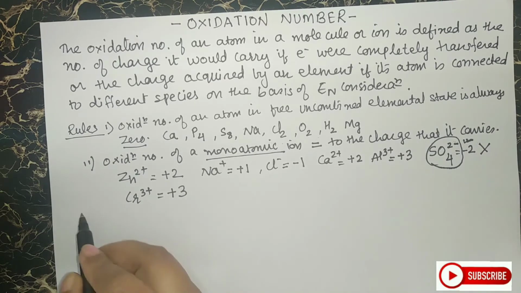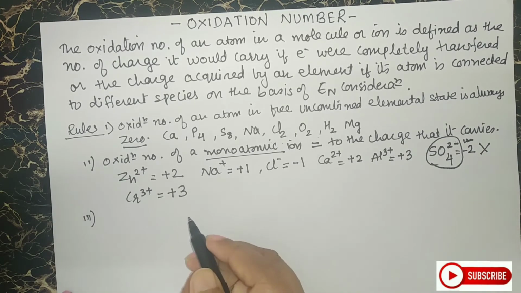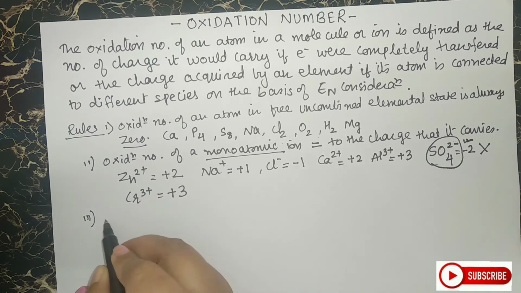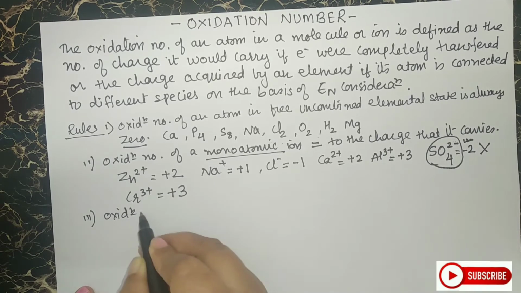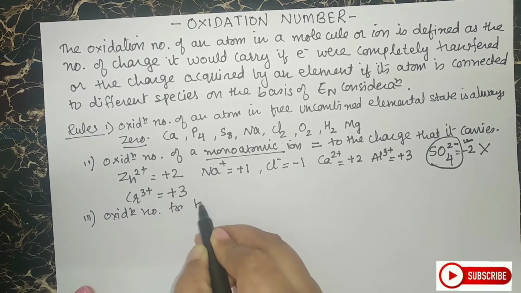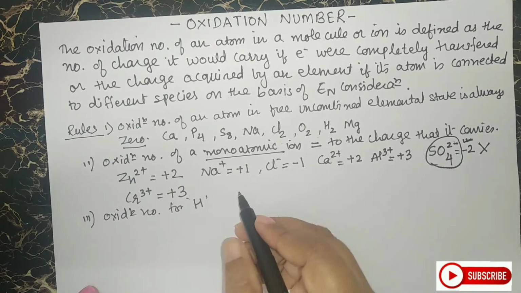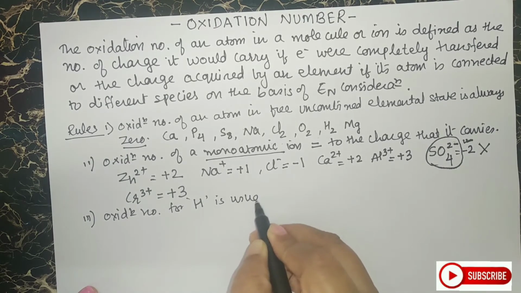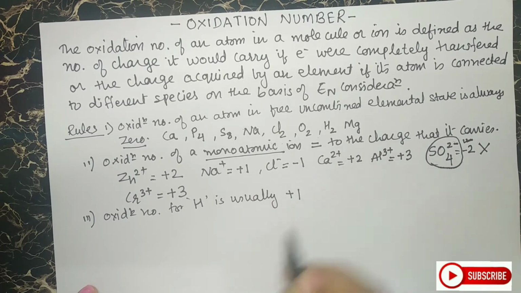Let us move on to the third rule. According to the third rule, oxidation number for hydrogen is usually +1. But when I say usually, there are some exceptions.